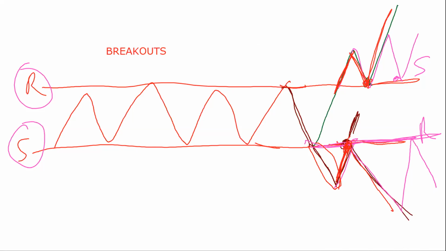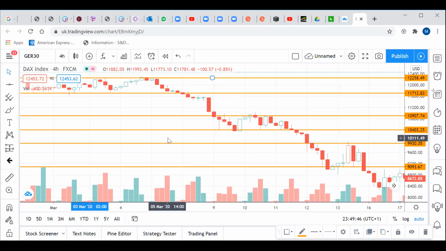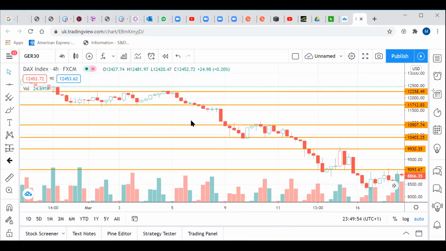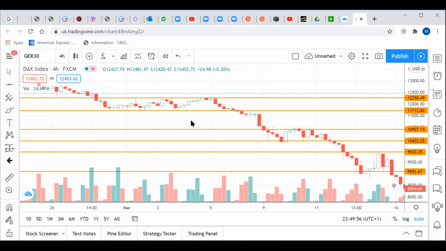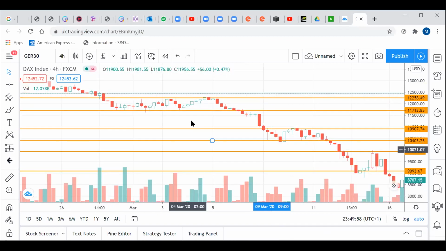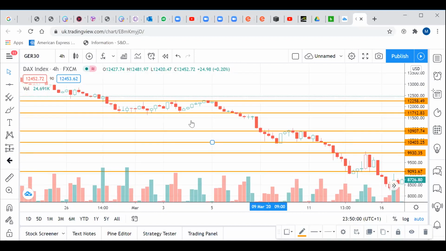Let me go back to the charts. All right. So now that we've gone through support and resistance in theory, let's see it on the chart. So here, 4-hour chart, let's look at this square first.